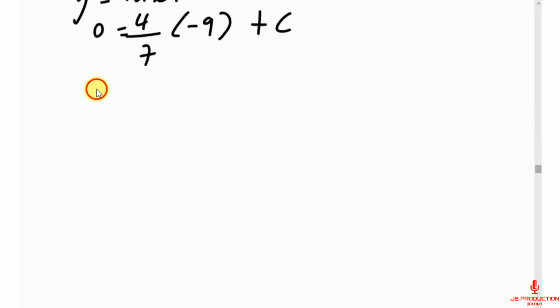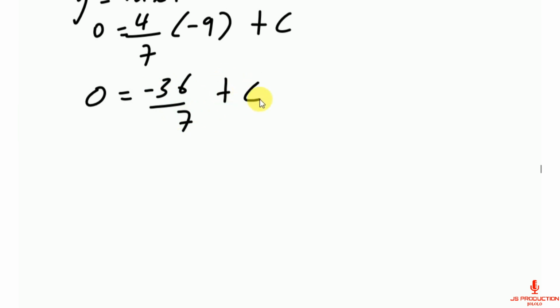So 0 is equal to 4 multiplied by negative 9, that's negative 36 divided by 7, then plus c, and our negative 36 over 7 is going to go to the other side of the equation, and we have 36 divided by 7 is equal to c. So our y-intercept is 36 divided by 7.